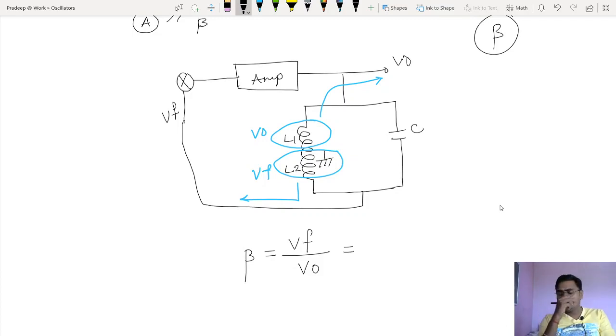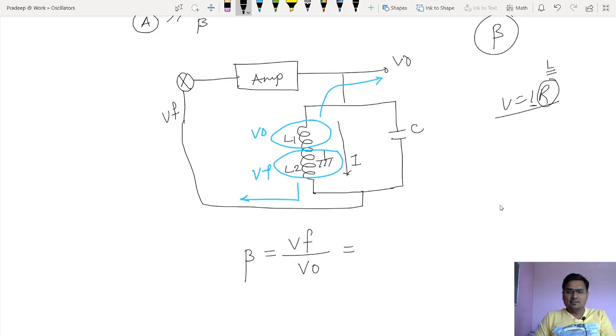One thing I know, if I am considering voltage, what basic Ohm said: V is equal to IR. Now this R, for us it is inductor L. We'll just consider it as an equivalent. For us that R is nothing but my L, and the same current I is flowing through L1 and L2.